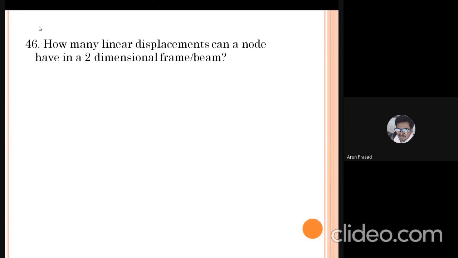How many linear displacements can the node have? 1, 2, 3 and 4. Okay, so the answer will be 2. So it will be having 2 linear displacements in a 2-dimensional frame. We are not asking about 3-dimensional. So we will be having 2 linear displacements in 2-dimensional frames.